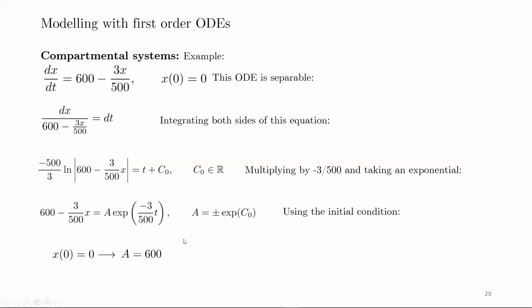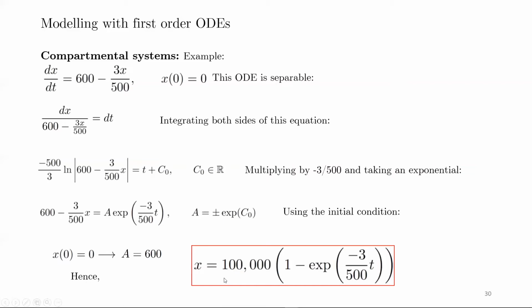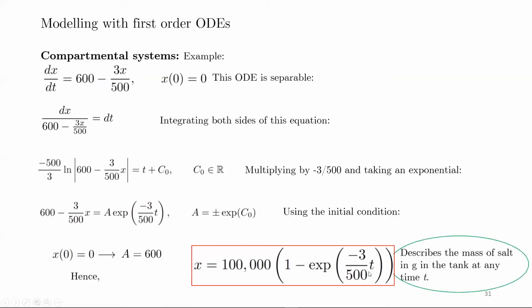So a equals 600. Therefore, we can represent our solution, the amount of salt in the tank over time, as 100,000 times 1 minus the exponential of minus 3 over 500t. Okay, so this describes the mass of salt in grams in the tank at any time. Okay, that's great. We've solved this differential equation, and in fact, we've solved this initial value problem.